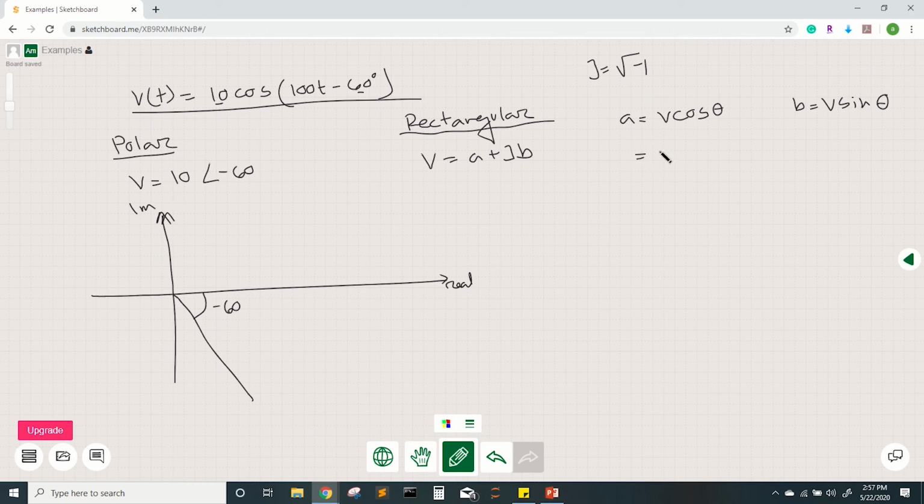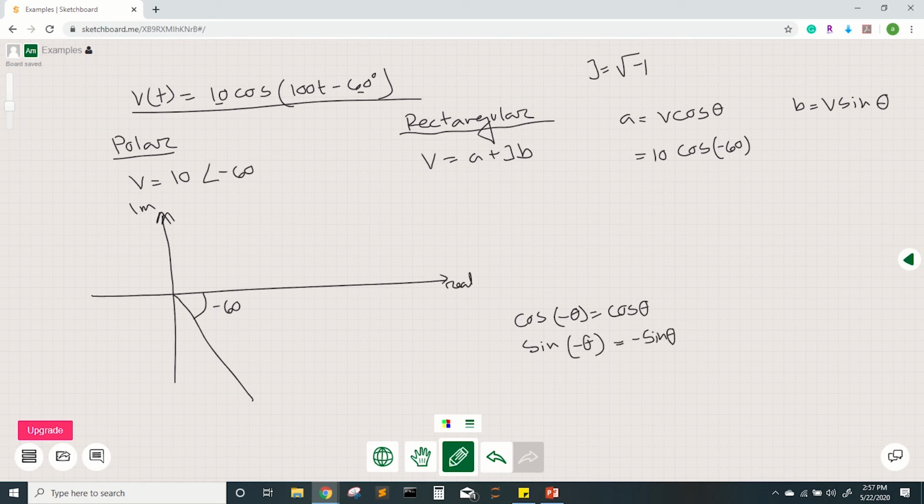Here V is 10, and cos theta means cos 60 degrees. We know that cos minus theta is equal to cos theta, and sine minus theta is equal to minus sine theta.